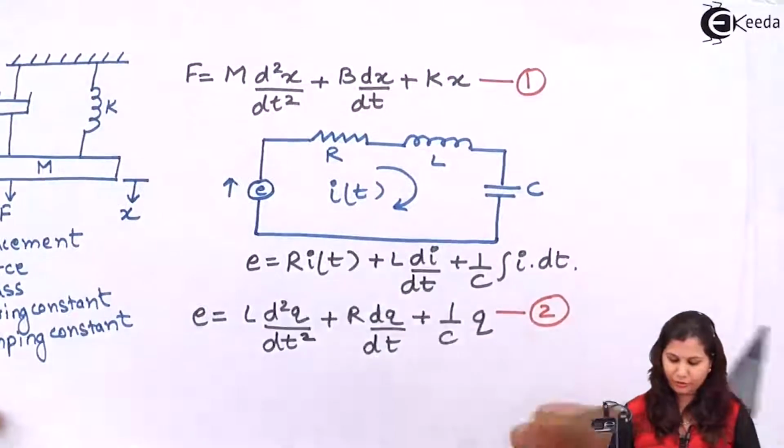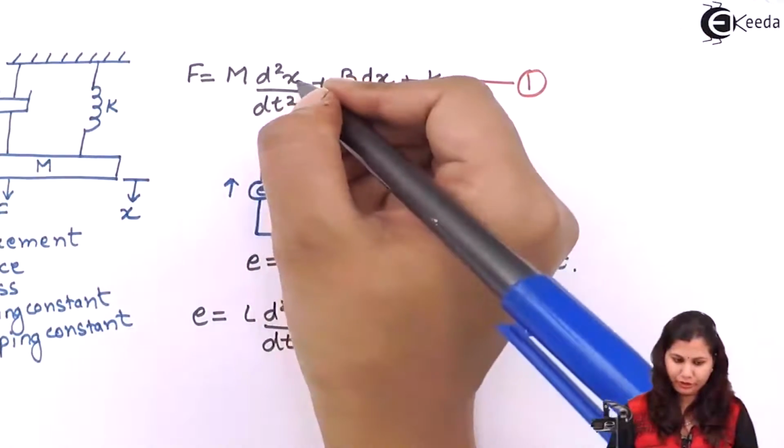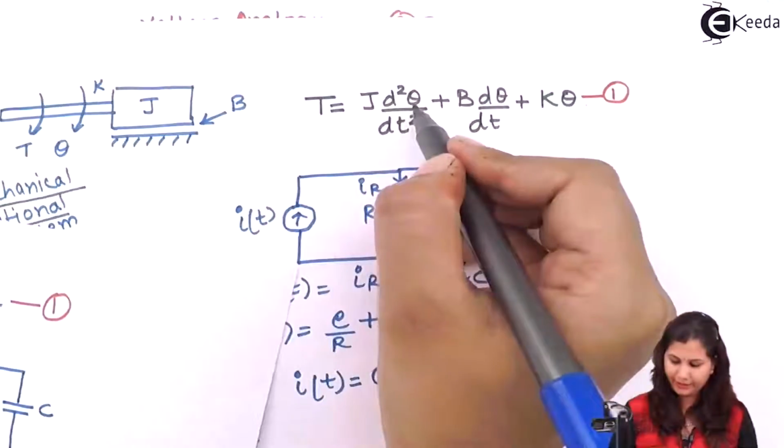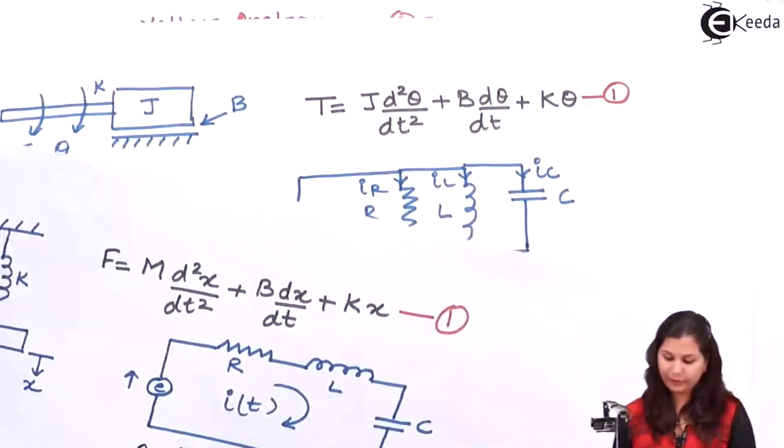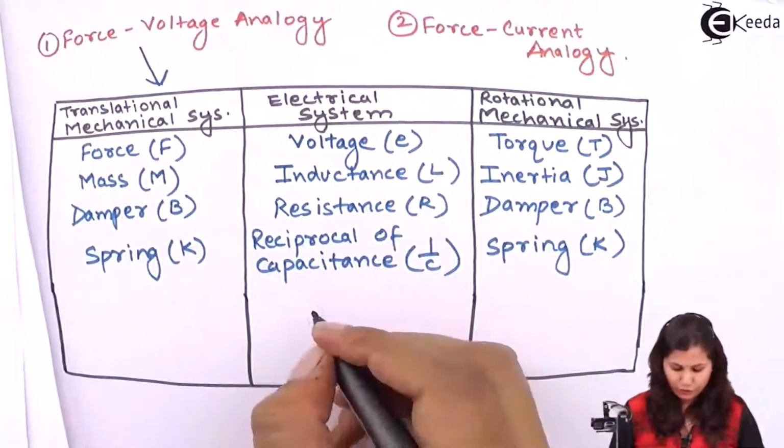Also we have this charge Q, which is equivalent to the displacement X, and here we have theta, that is the angular displacement.